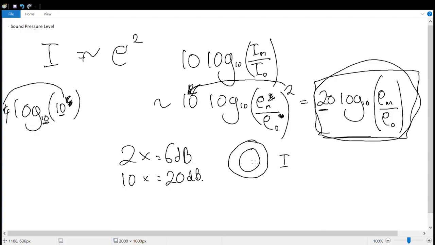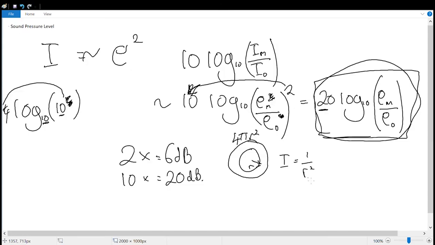The intensity was going to get smeared over a sphere of 4 pi r squared, so it was inversely proportional to r squared, which gave us this 6 dB drop every doubling of distance. If you double the distance, you put in a ratio of 2. If you put that into the 10 log, you get this 6 dB.